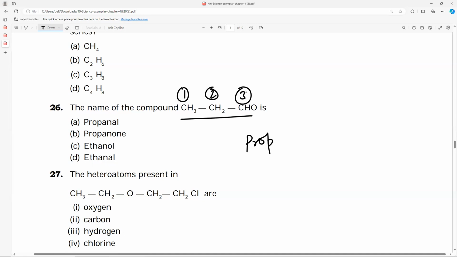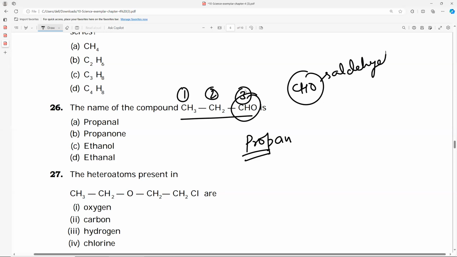So it would be prop for 3 carbons, carbon-carbon single bond ane, and this is an aldehyde group, CHO. Aldehyde has the suffix al. So it is not propanol, it is propanal.